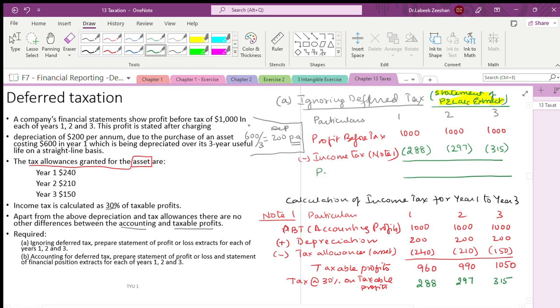This is called profit after tax. 1000 minus 288 comes to 712. 1000 minus 297 comes to 703. 1000 minus 315 comes to 685.